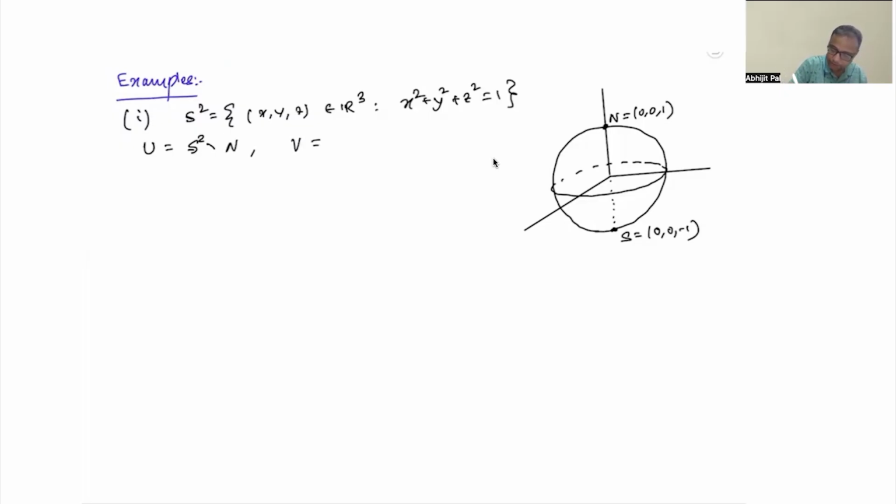Let us take U1 to be S2 minus N, and U2 to be S2 minus the south pole. These U1 and U2 are sets in the sphere.